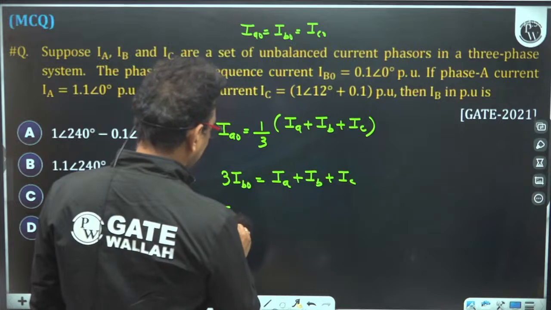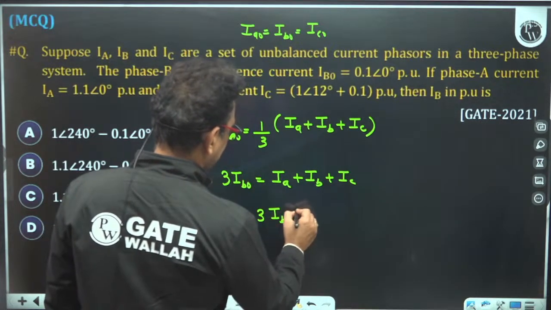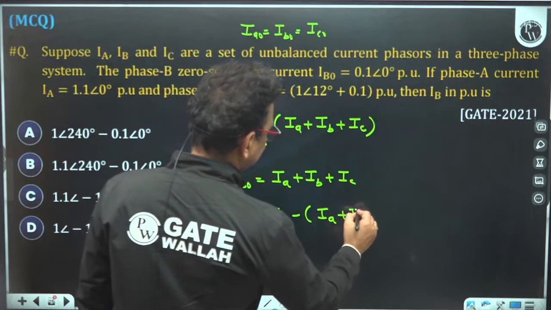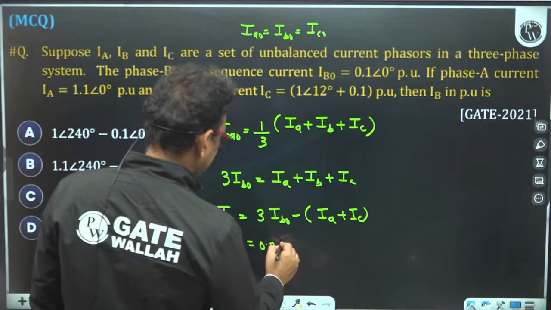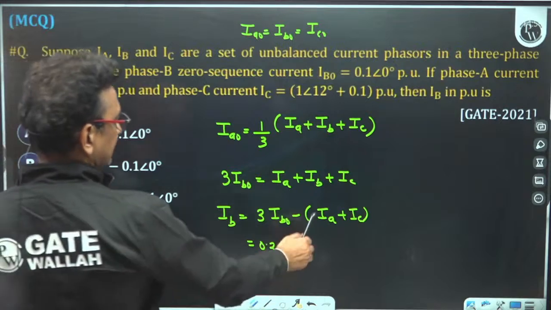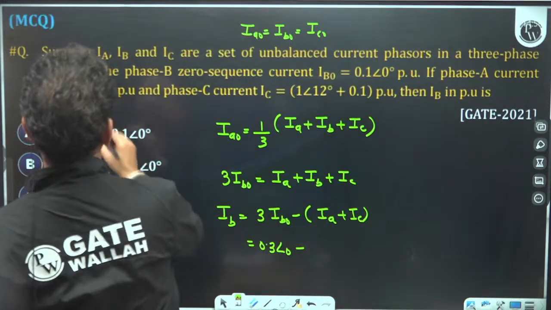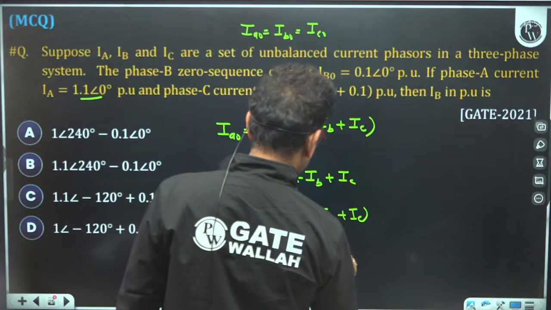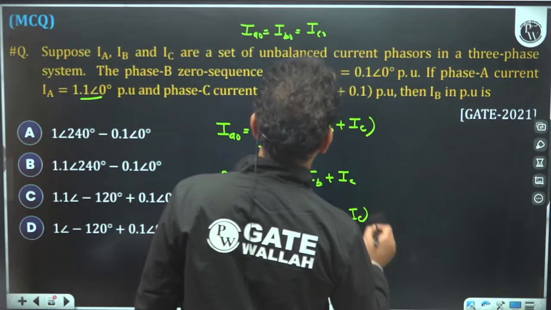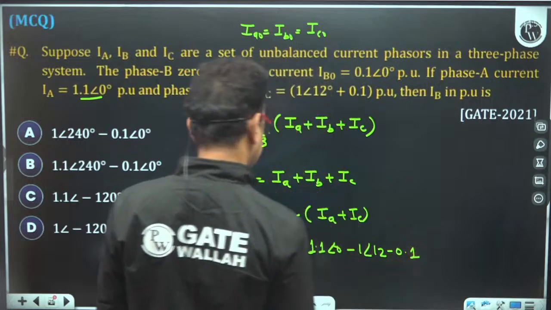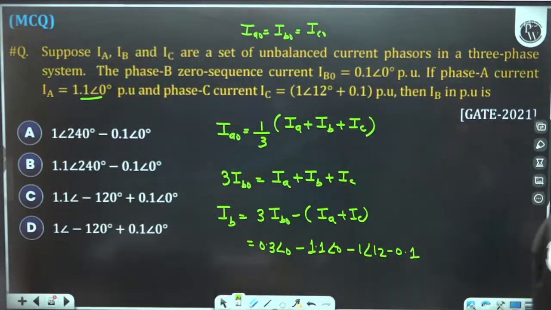So we can find the value of IB just by subtracting IA plus IC from 3 IB0. 3 IB0 means 0.3 angle 0 degree, minus IA, which is 1.1 angle 0 degree, minus IC, which is 1 angle 120 degree, minus 0.1.